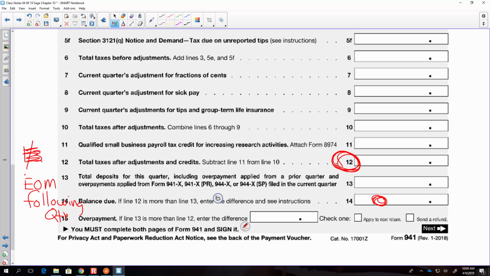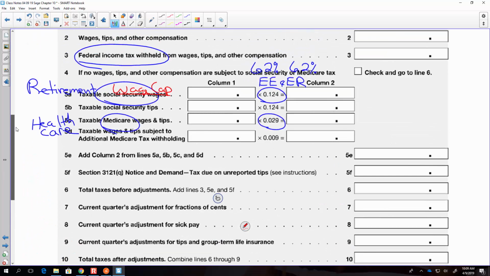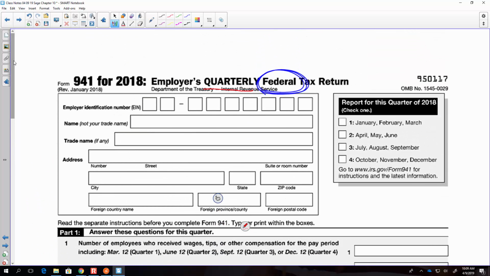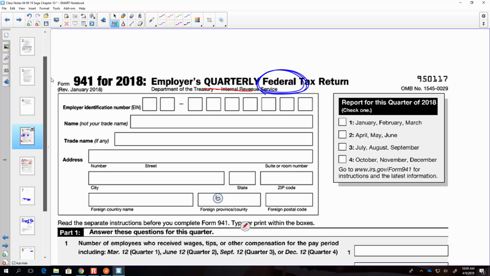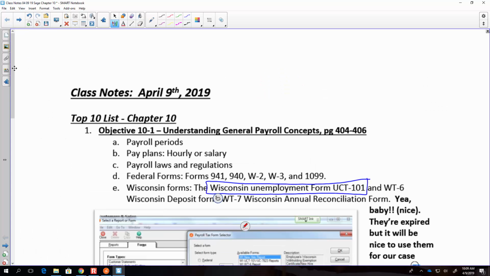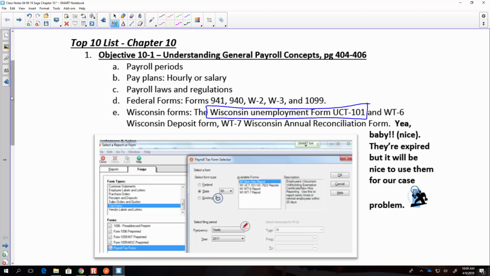January 31st is worse because you also have W-2s and everything else coming out. So it's a huge day, very stressful. Okay, so just realize the report numbers: 941, WT6, UCT 101. On my notes for chapter 10: UCT 101, WT6, Form 941.